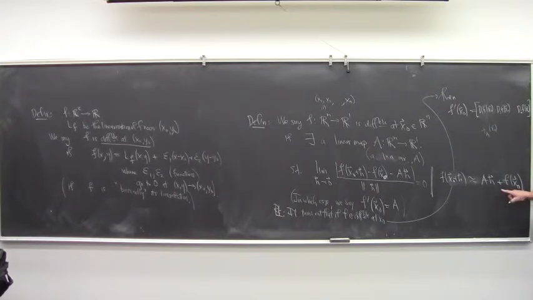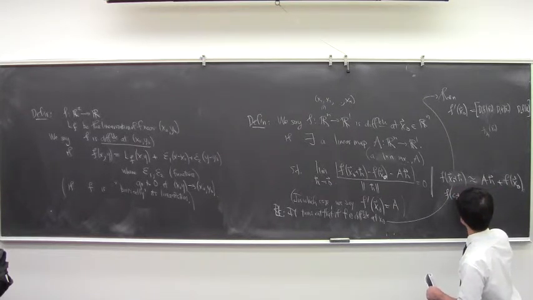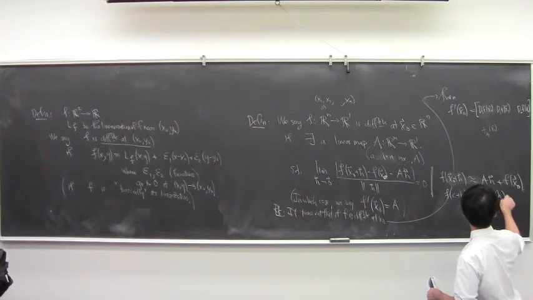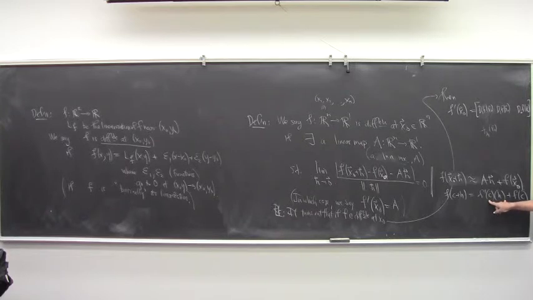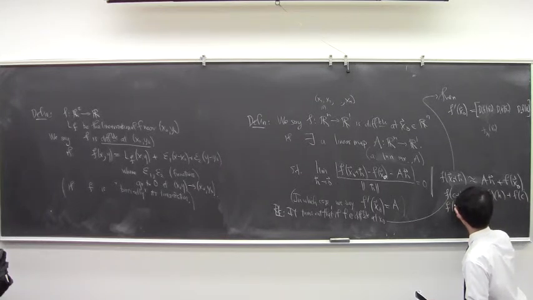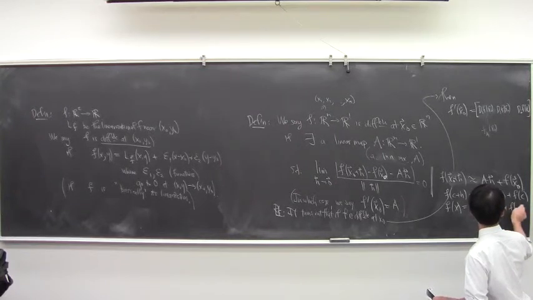This is exactly the same thing that we said before. f of c plus h is f prime c times h plus f at c. f at x is f prime c times x minus c plus f at c.